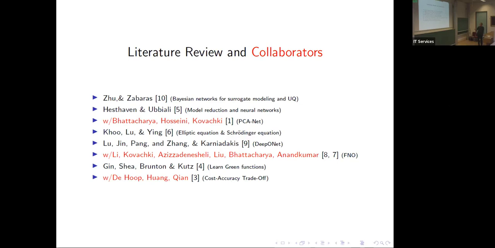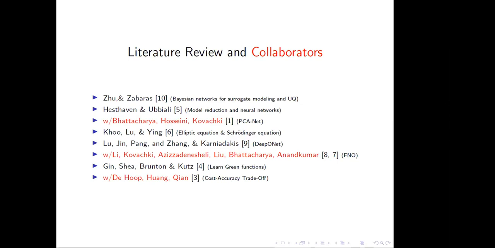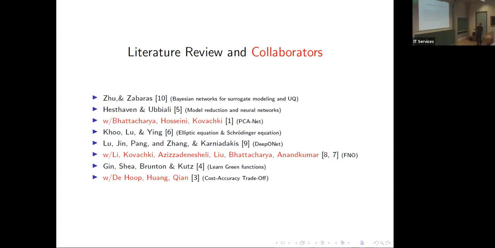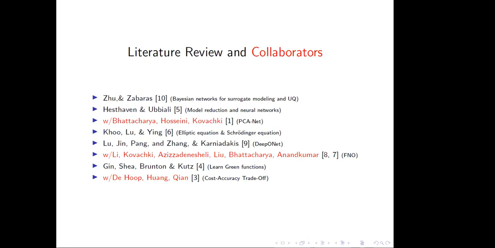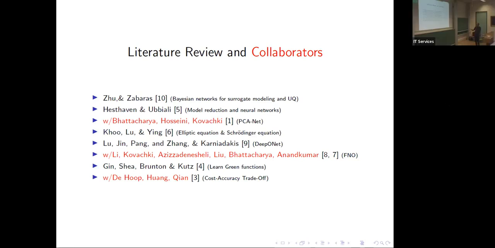Birgitta Lee is a professor here in engineering, and Kamyar is a professor at Purdue. Zhongyi is a student here, Kaushik you've seen, and Anima is a colleague in computer science. Most of the talk will be focused on work with Martin de Hoop, who is a professor at Rice, and Daniel Huang and Elizabeth Chan, who are both postdocs at Caltech.